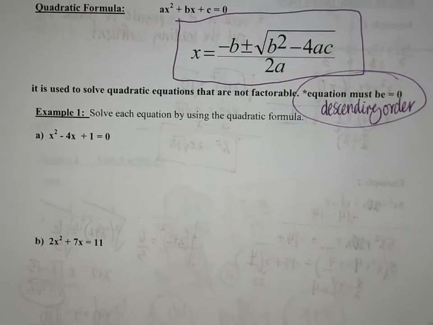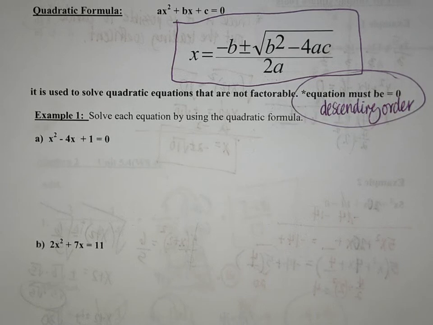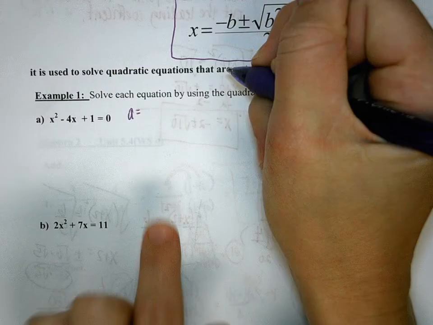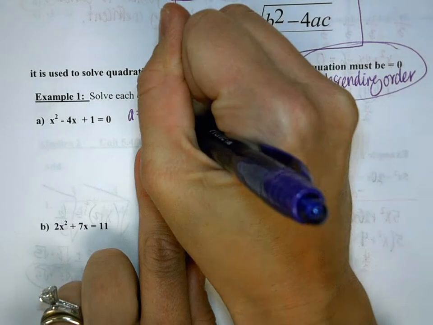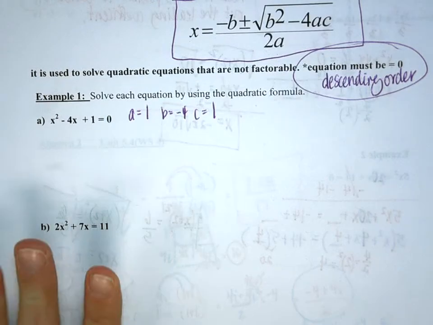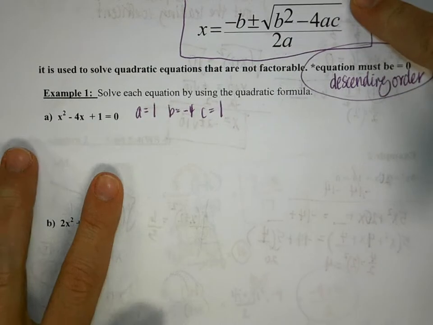So on example 1, is it set equal to 0? Yes. Is it in descending order? Yes. So then you can write out your A equals what? 1. B equals -4, and C equals 1. Okay, you have your quadratic formula at the top.